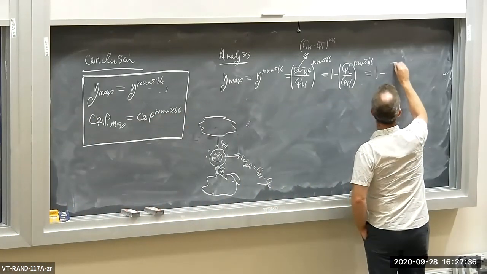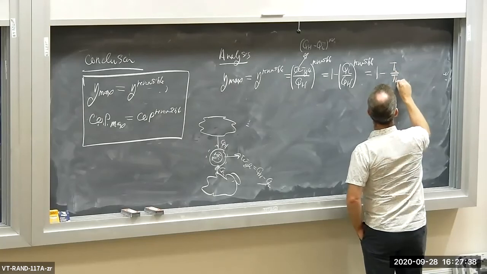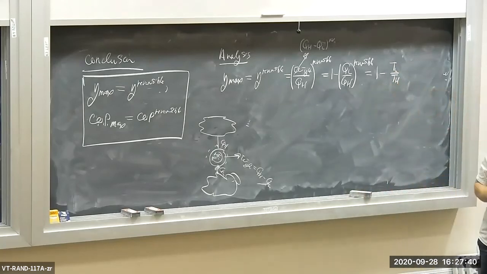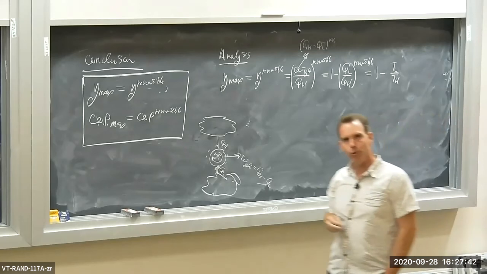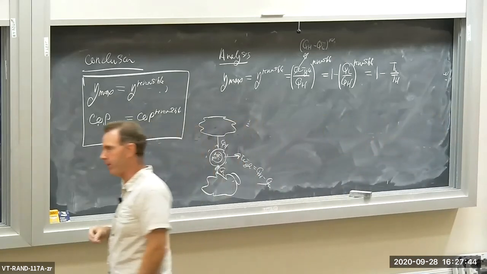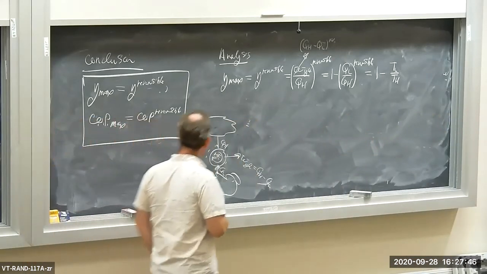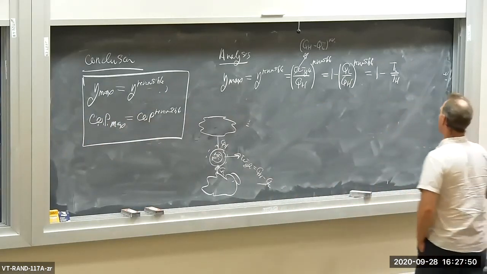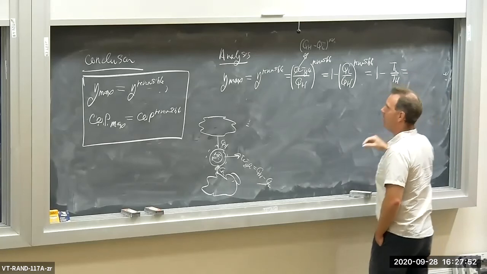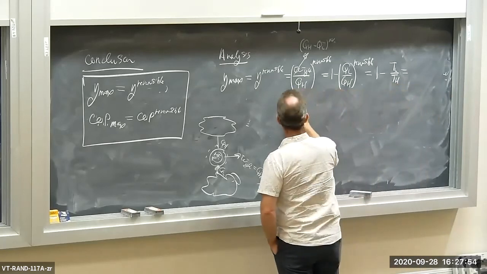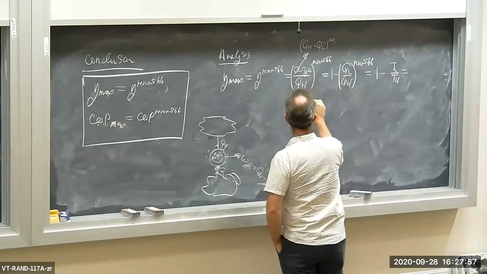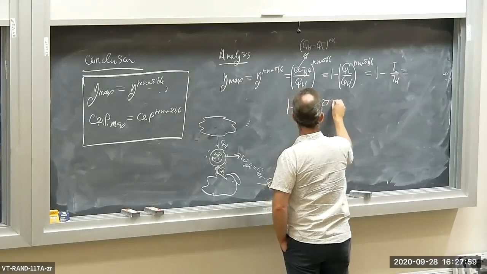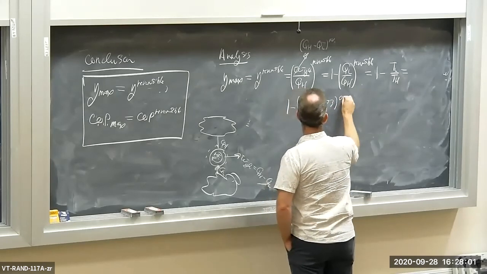So we got TL over TH. Now these temperatures need to be in Rankine or Kelvin. We have 550 degrees C for T high, and 25 degrees C for T low. So I have 1 minus 25 degrees C plus 273, that's going to be in units of Kelvin.